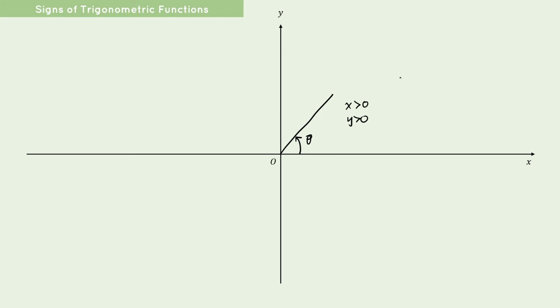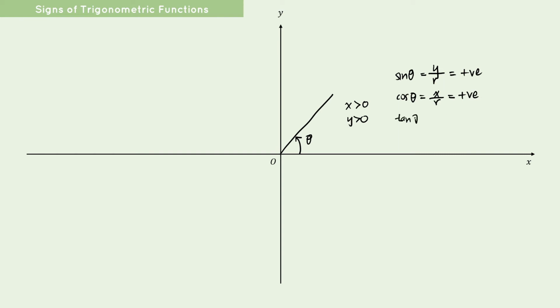Sine theta here, which is y over r. r is always positive, and since y is positive, sine theta is positive. Cosine theta is x over r. x is positive, so cosine theta is positive.